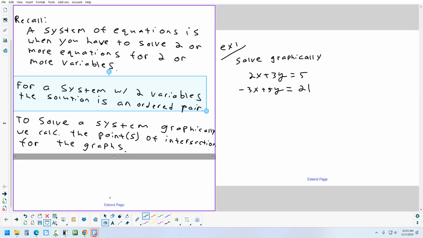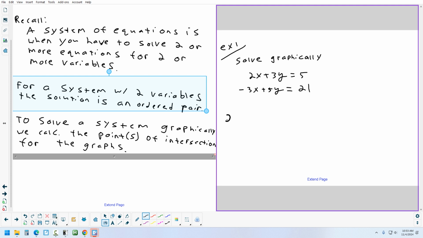So we have 2x plus 3y equals 5, and negative 3x plus 5y equals 21. Which one of those equations is all set and it's ready to type into the calculator as it is? Neither. Neither one of them is all set. So we got to take both of them and get y by itself.